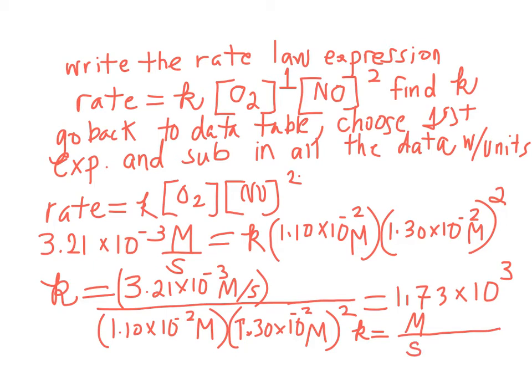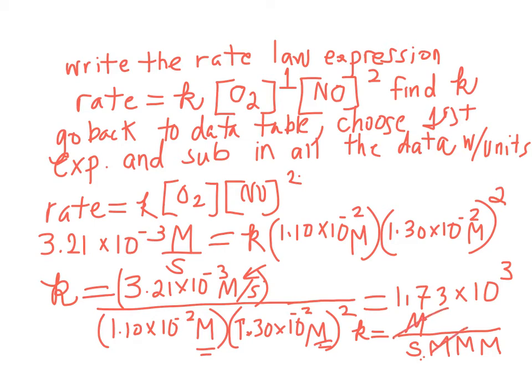Here's molar per second, this is molar per second, here's molar per second. And we have molar on the bottom here, and then we have molar squared, so we have another 2 M's. Now what you want to do is cancel everything out that you can. So molar and molar cancel.